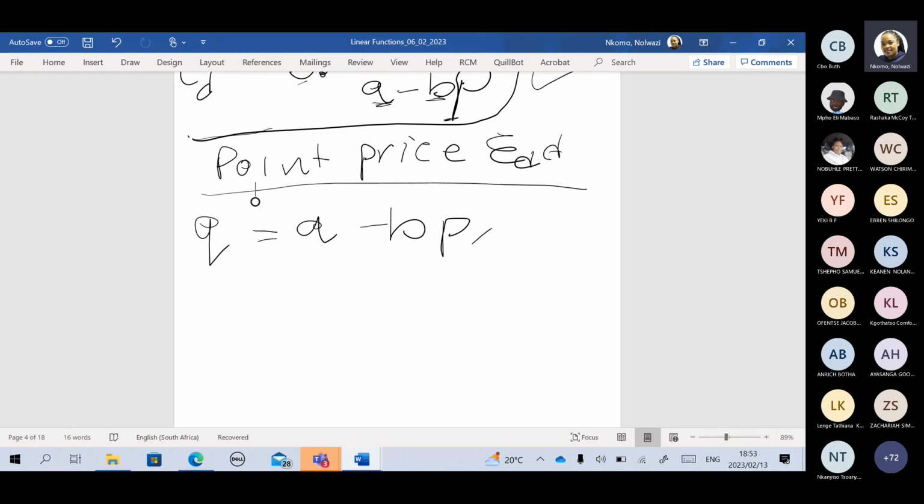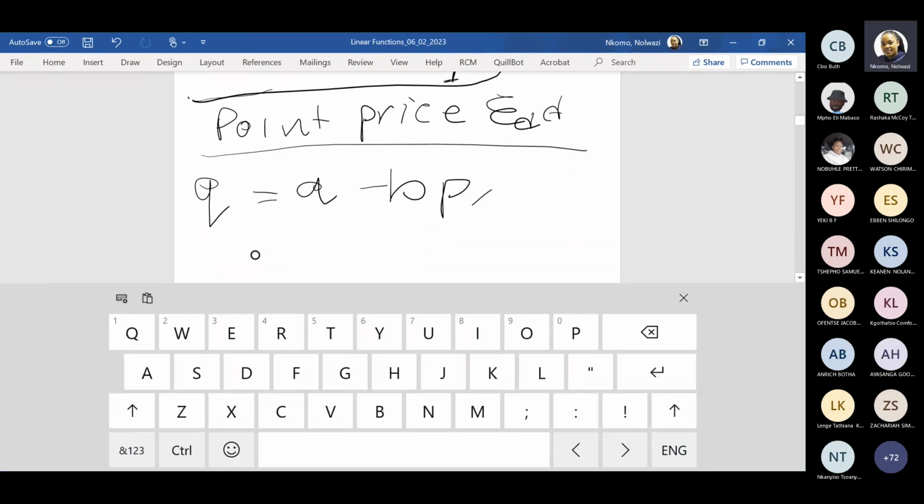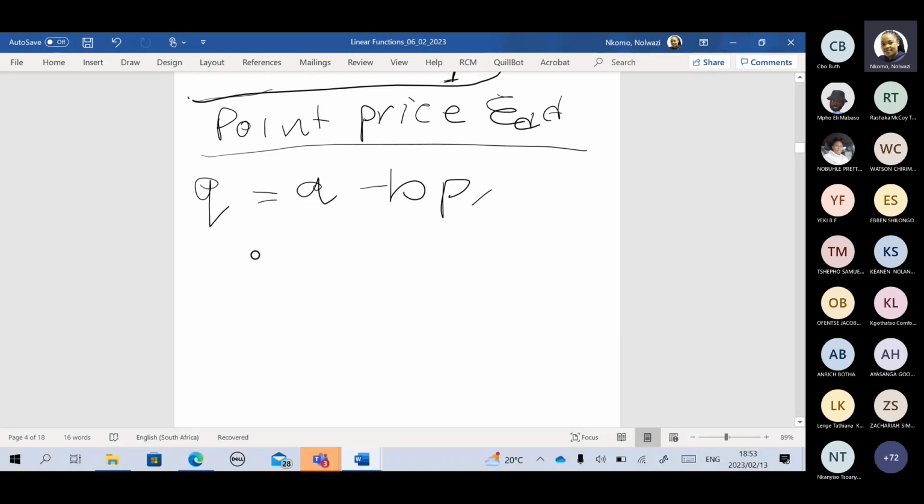Okay, the point elasticity at any point for this general equation will equal to, for example, suppose we are given a point, Q naught and P naught.